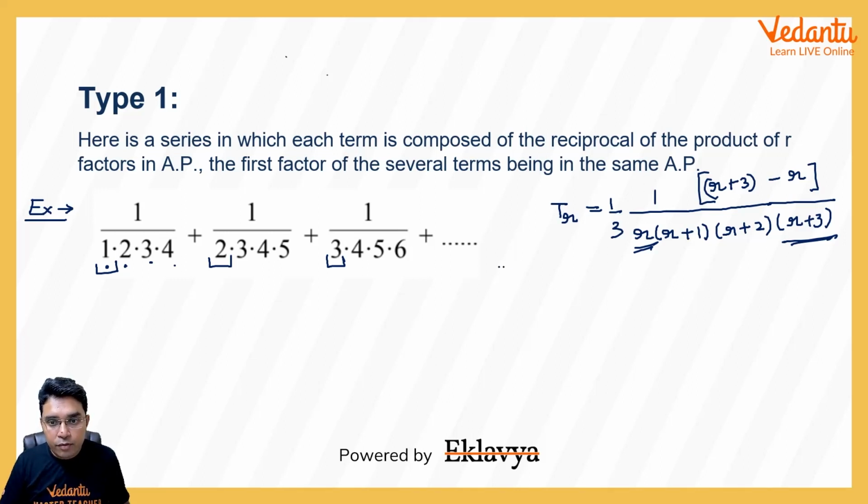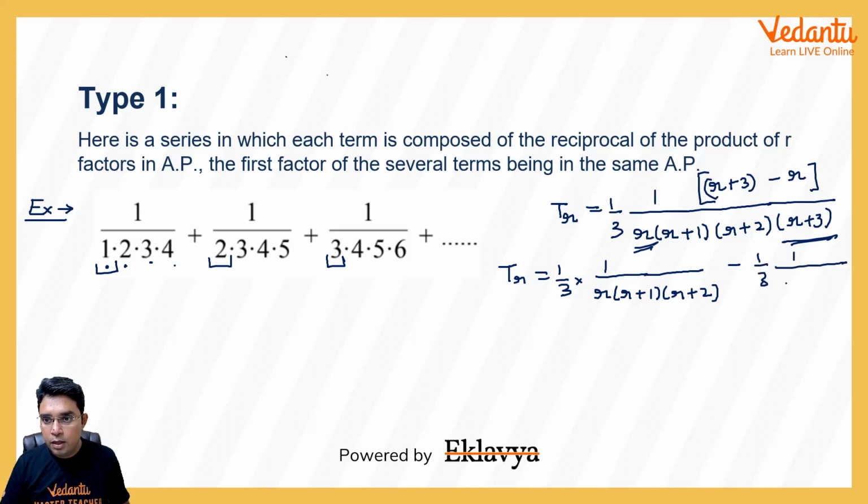This will give you T_r equal to 1 by 3 into 1 upon r into r+1 into r+2, minus 1 upon 3 into 1 upon r+1 into r+2 into r+3.